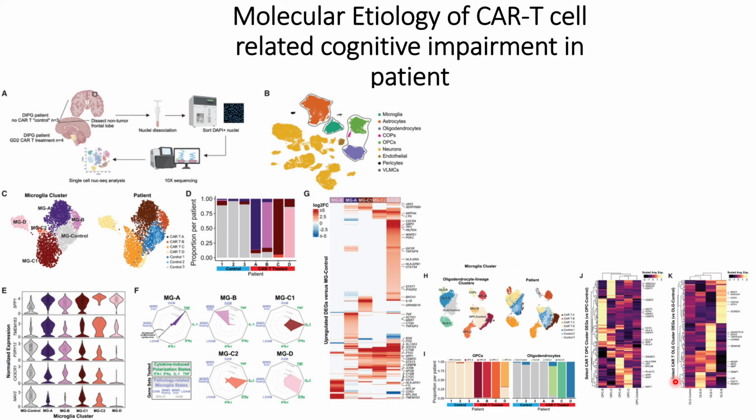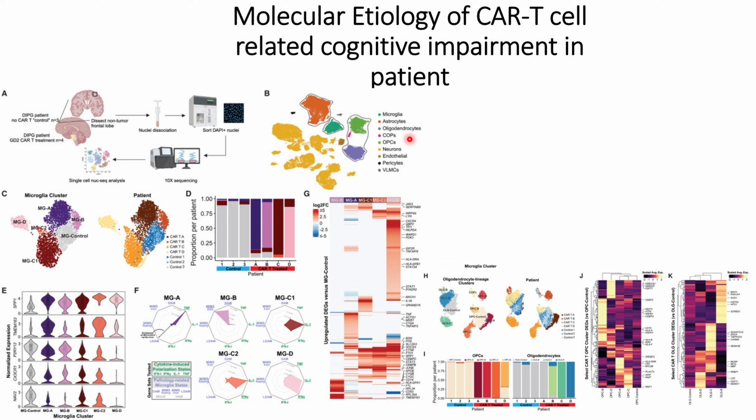Then they also did the cell lineage heat map analysis, and they are able to see similar things, that each patient has different transcription genes that are upregulated or dysregulated, and they checked it for the OPC clusters and also for the oligodendrocyte clusters, OLG clusters.